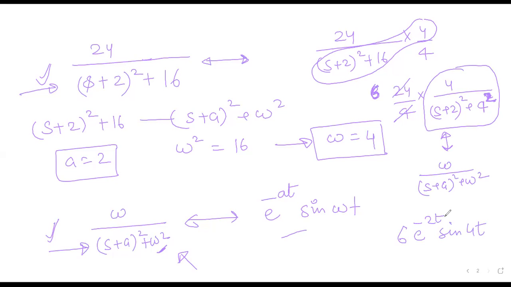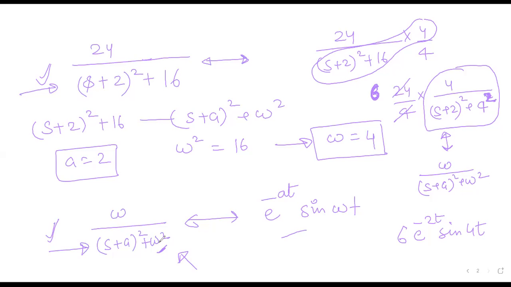The 4 above is supposed to be 16, right? This is 6, no, not this one. The 4 over (s plus 2) whole square plus 4 square. The value above it, do you see it, 4? This is supposed to be 16, not 4.